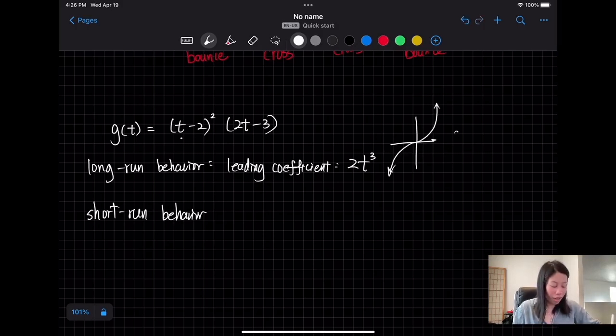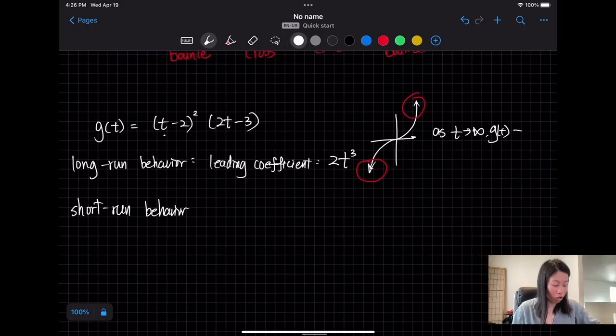Long run means these two ends. So as t goes to infinity, g of t also goes to infinity. As t goes to negative infinity, g of t goes to negative infinity.